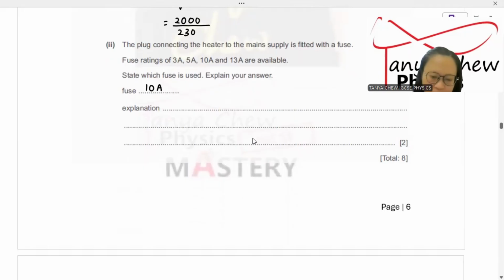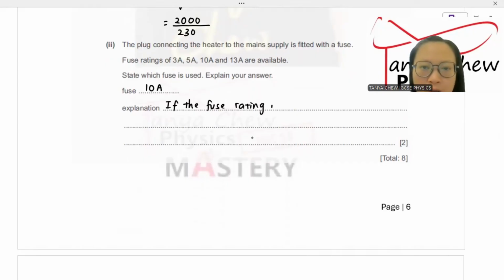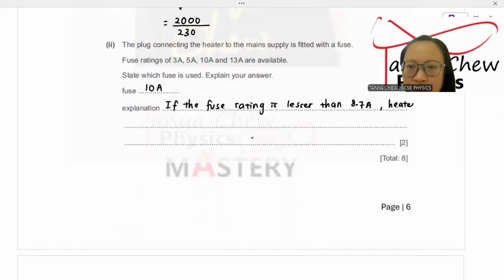If the fuse rating is lesser than 8.7 ampere, maybe 5 ampere, what will happen? Heater will stop working because heater needs 8.7 ampere. Heater stops working because there is not enough current for the heater to work.